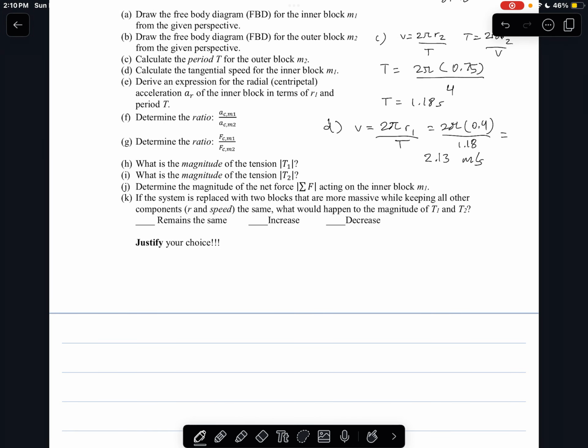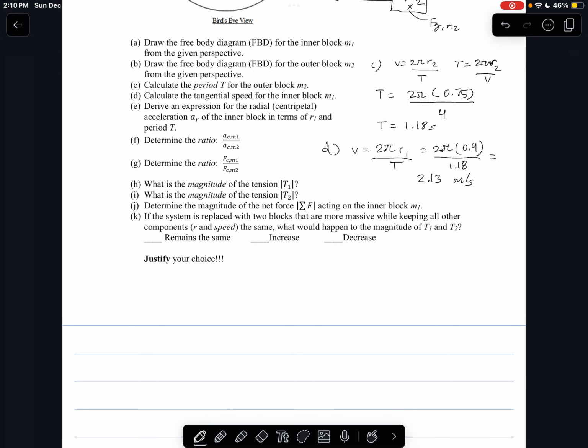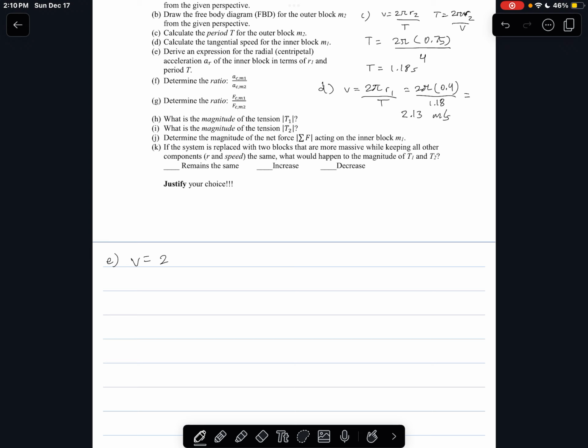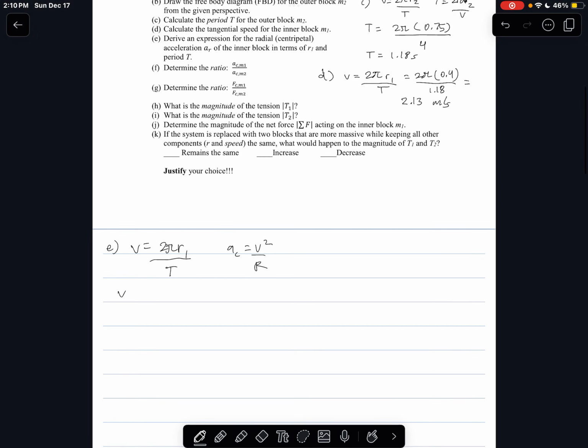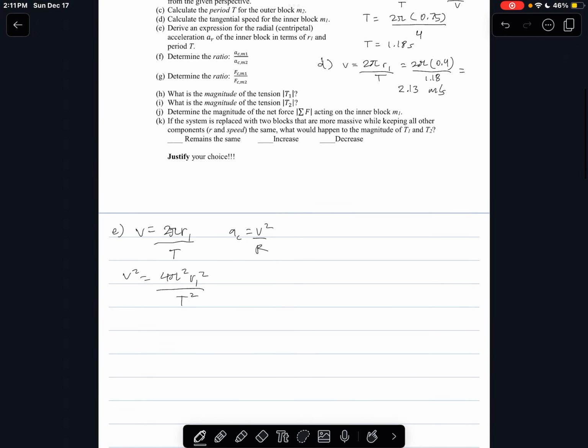Okay, for part E, I have to derive an expression for the radial centripetal acceleration AR of the inner block in terms of R1 and T. I already know that V equals 2 pi R1 over T, and AC is V squared over R. So I square V: it's going to be 4 pi squared R1 squared over T squared.